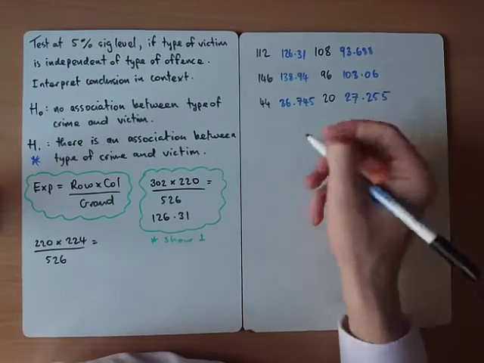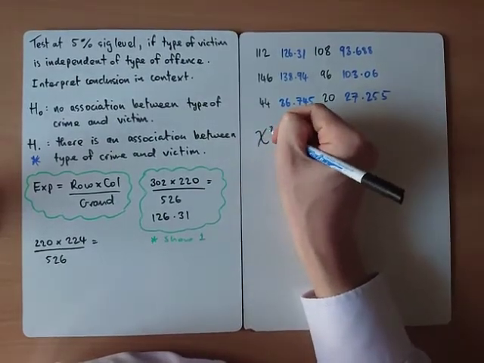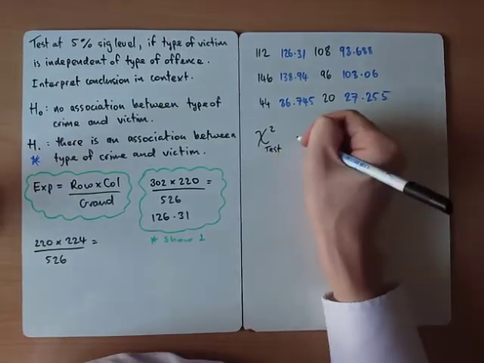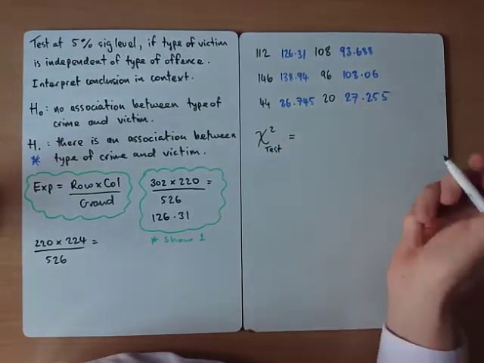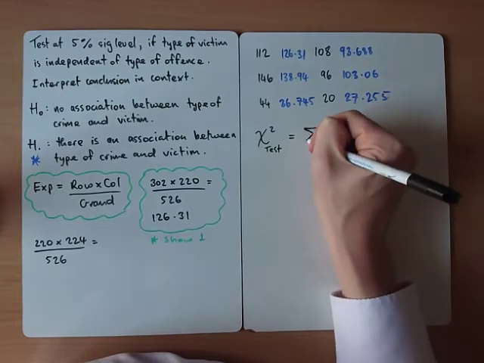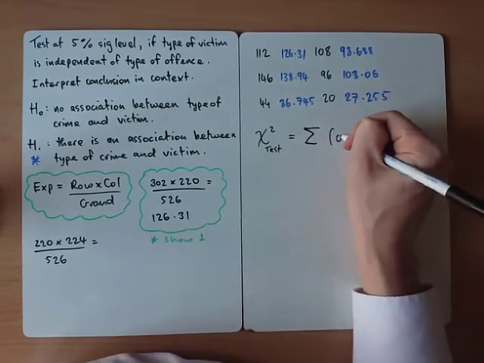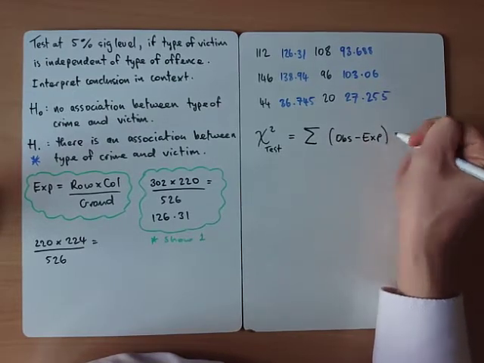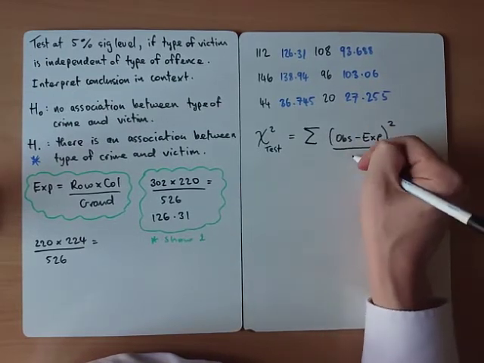The next thing we need to show is our chi-squared test. The formula for this is the sum of observed minus expected, squared, divided by expected.